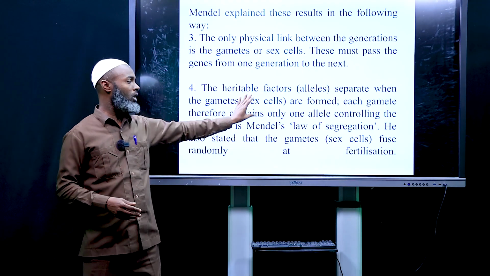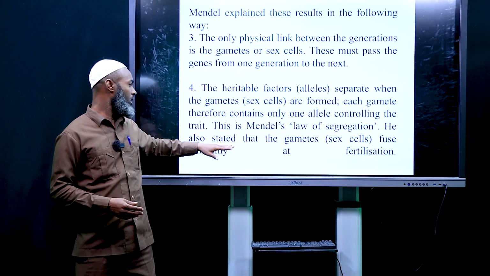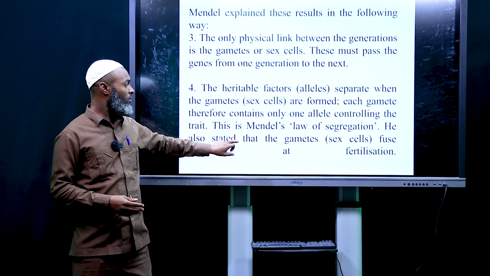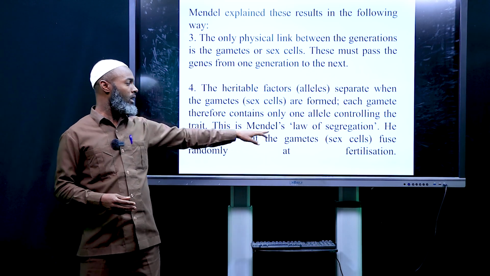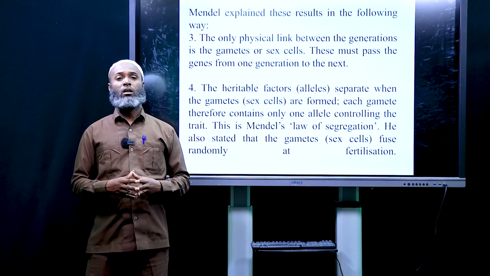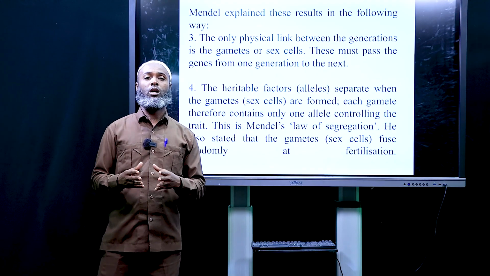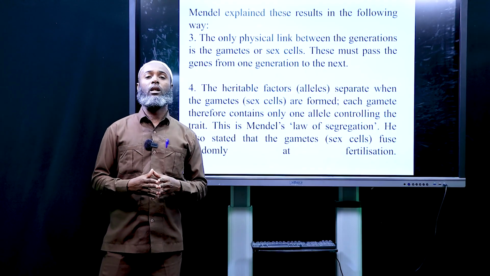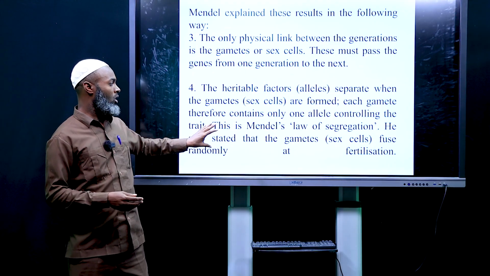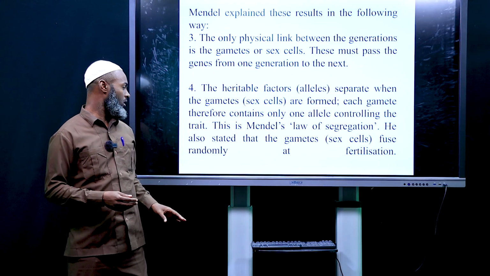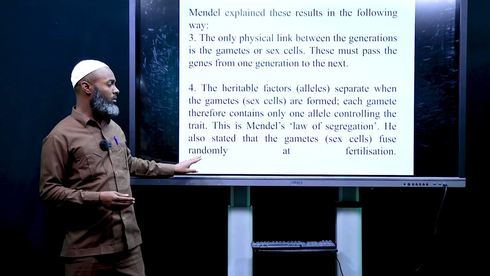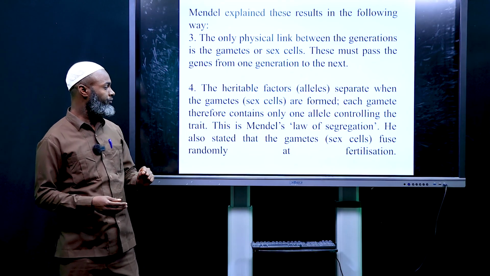Each gamete therefore contains only one allele controlling a trait. This is Mendel's law of segregation. You know, Mendel has 3 laws: law of segregation, law of independent assortment, and the law of dominance. One of the laws he used was the law of segregation. He also stated that the gametes fuse randomly at fertilization.